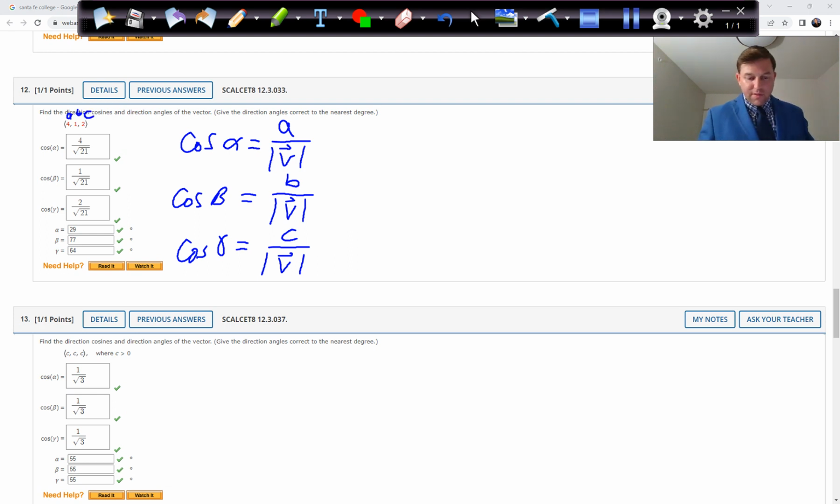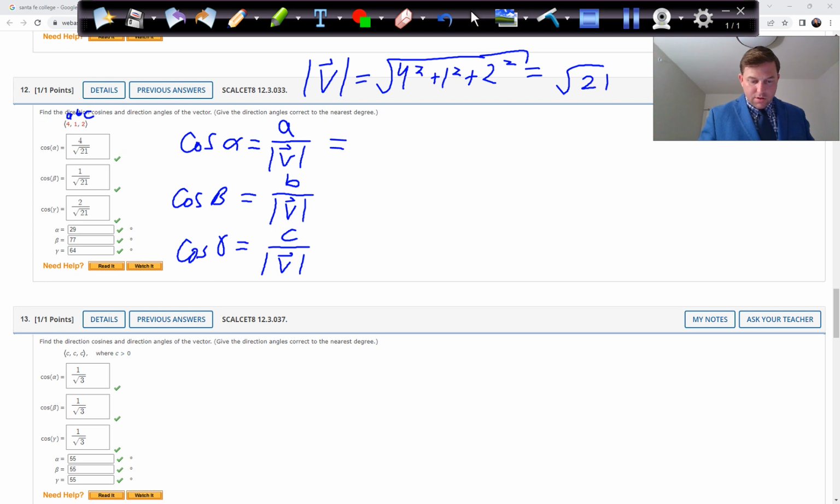So all we have to find is the magnitude of this vector. So it's going to be the square root of 4 squared plus 1 squared plus 2 squared, which is the square root of 21. So we just have to take each of these three components divided by the square root of 21. So there's going to be 4 over root 21. There's going to be the second number 1 over the square root of 21.